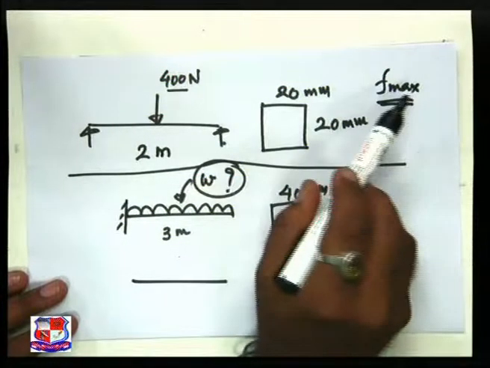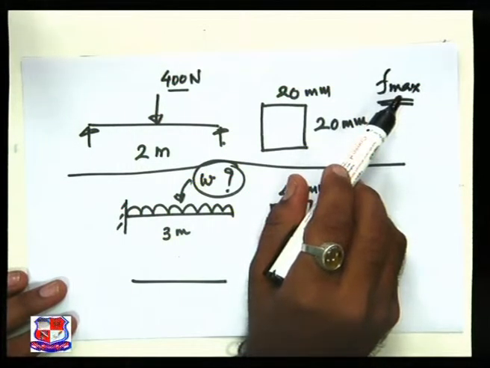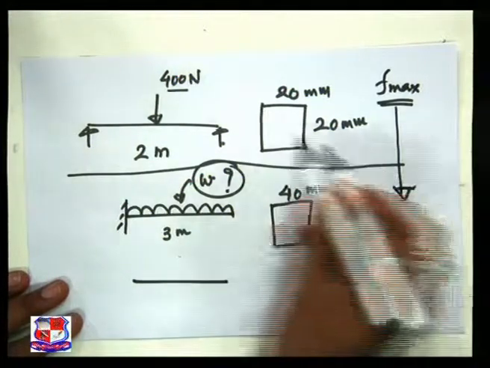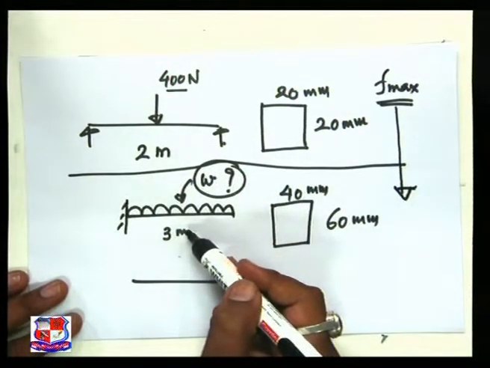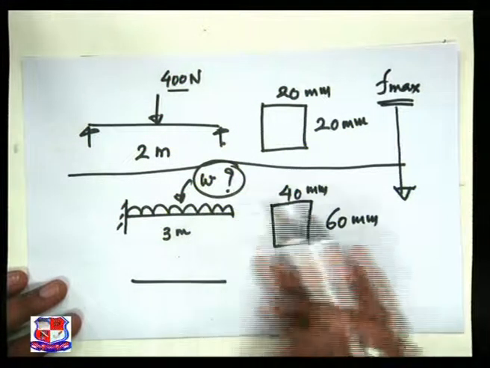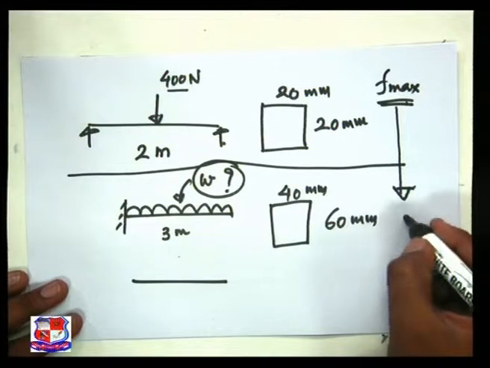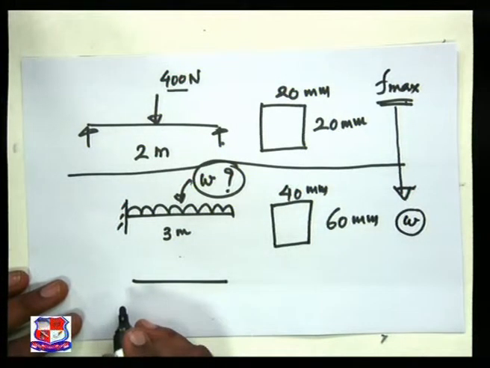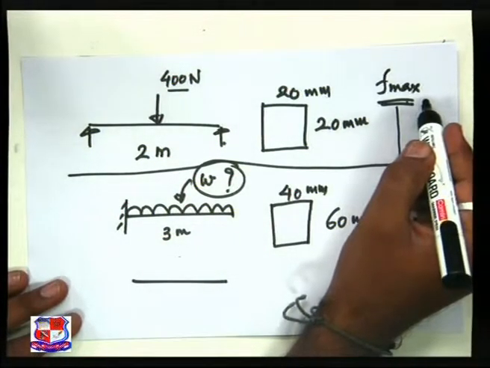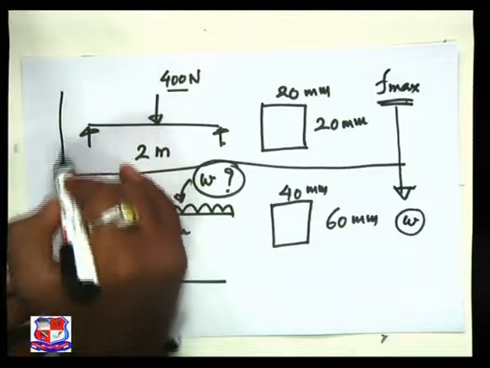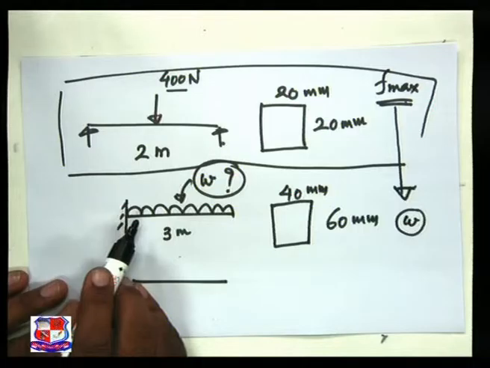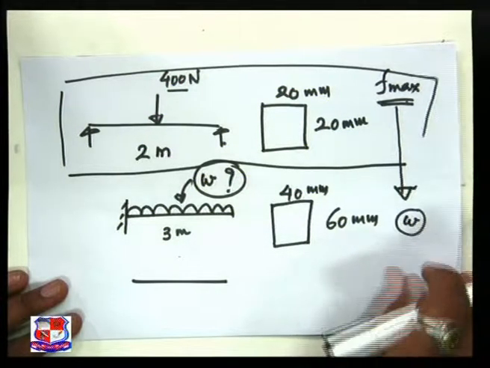If we are able to find out F max, then the same F max we can apply over here, as the beam is made up of the same material, and we can use this F max to find out the value of W. So the question is how to find out the F max with the first part.